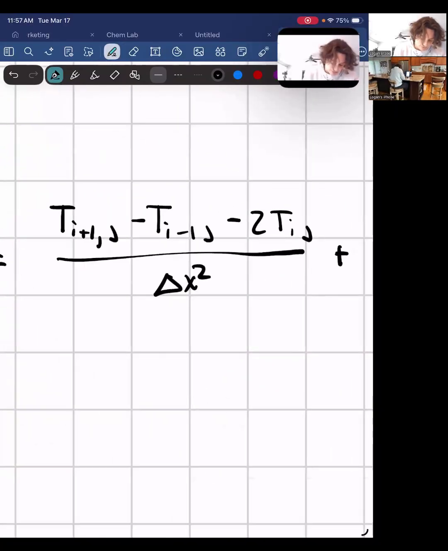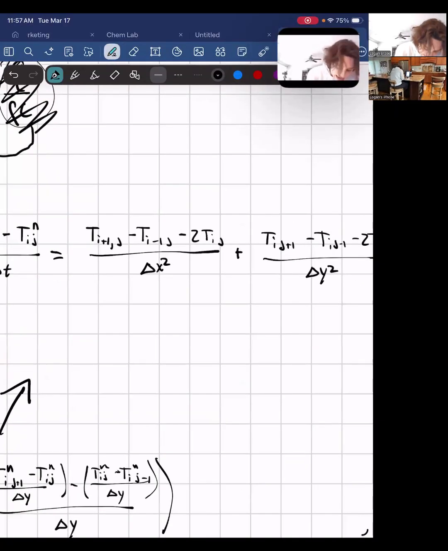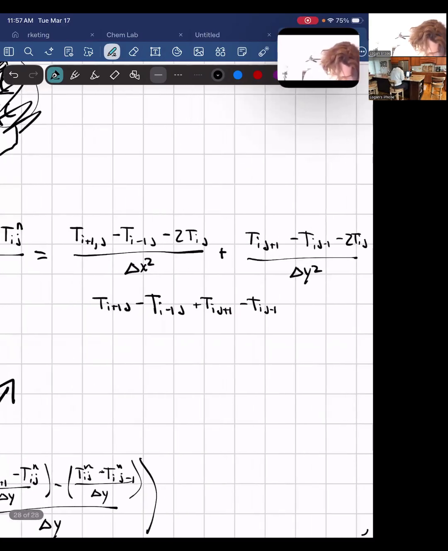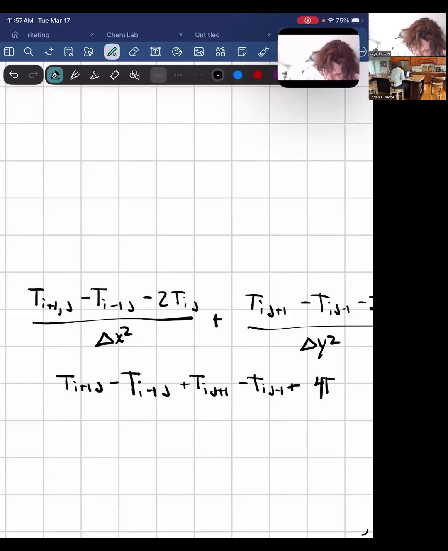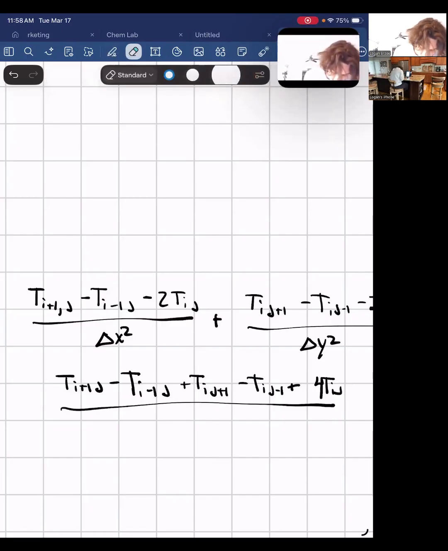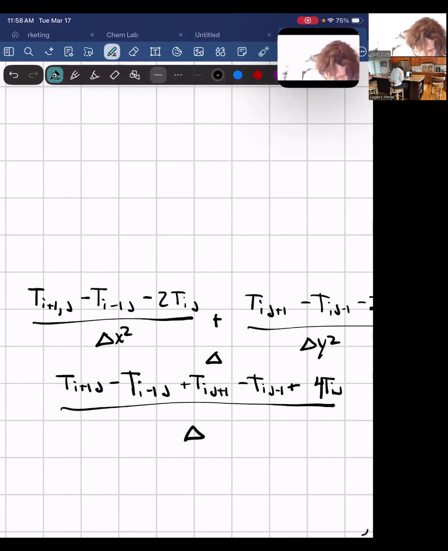So from that, we can rewrite this as T i plus 1 j minus T i minus 1 j plus T i j plus 1 minus T i j minus 1 plus 4 T i j over, and so how we'll do this is we'll call delta x and delta y, right? Those are going to be the same. We'll just call them delta, right? So it's over delta squared.